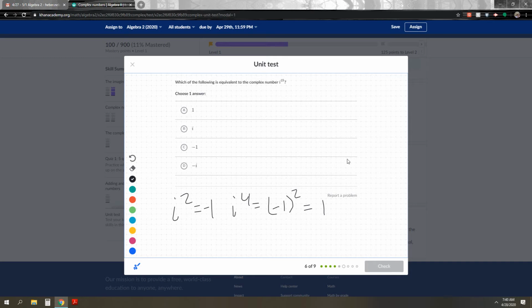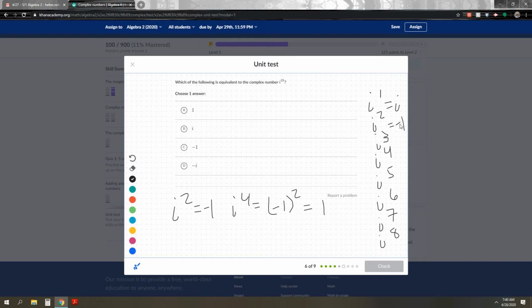More specifically, let's look at what this would look like. Let's do i to the 1, i squared, i cubed, i to the 4th, i to the 5th, i to the 6th, i to the 7th, i to the 8th. This is just i.